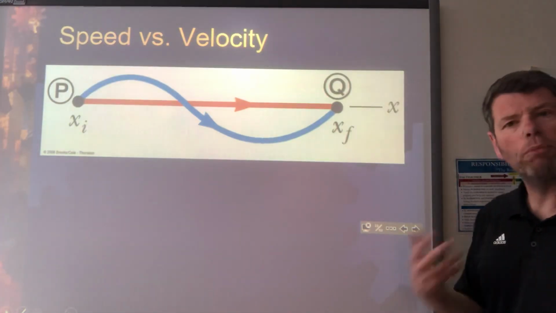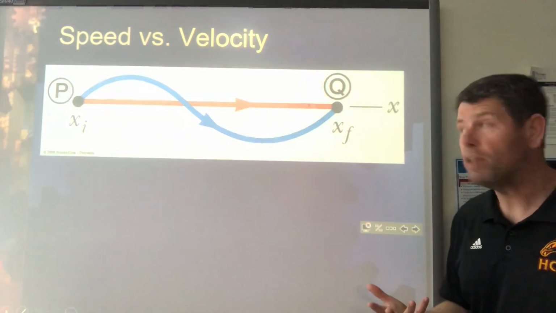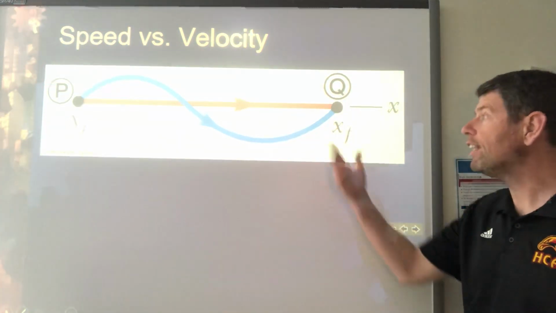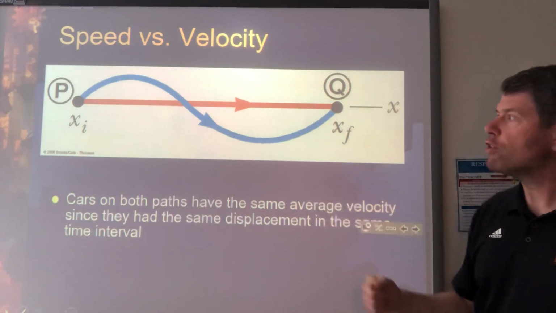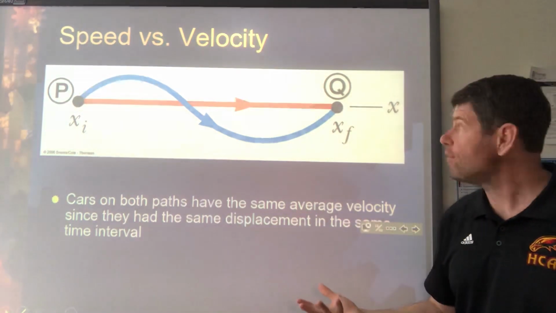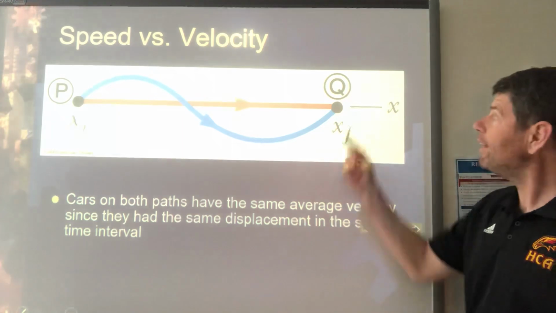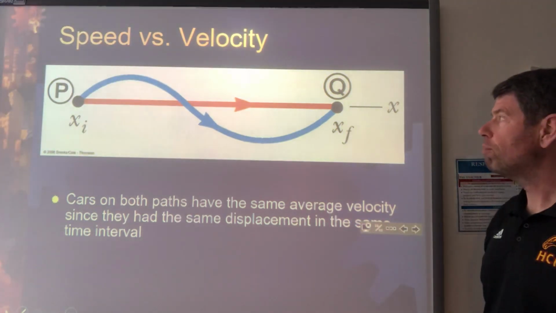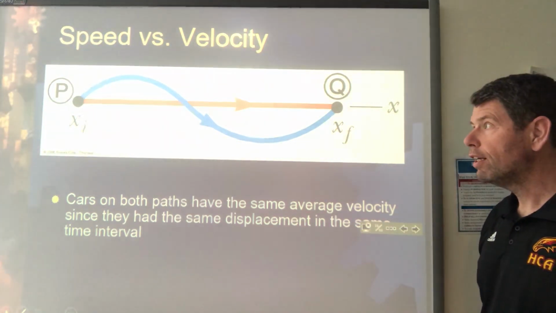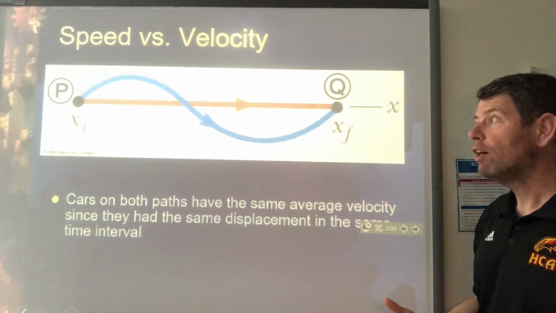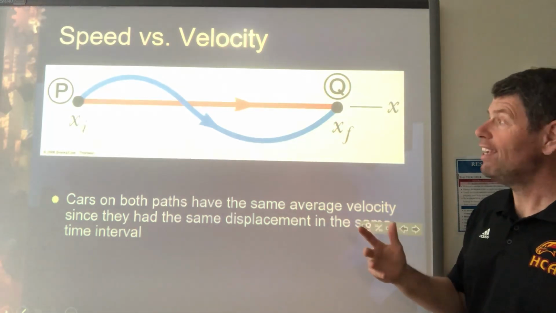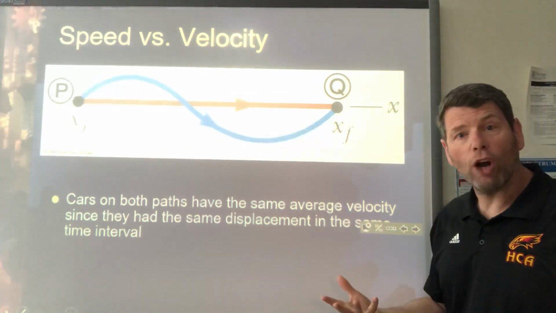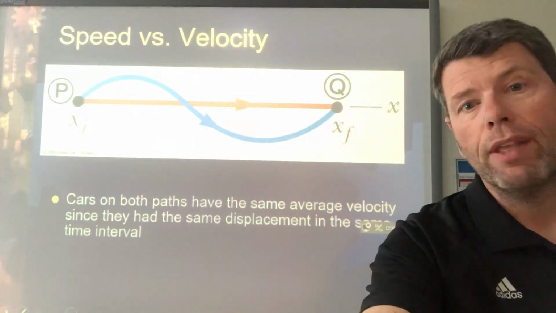Now, to get a little more of an understanding about the difference between speed versus velocity, let's take a look at this diagram right here. Both cars start at the same place, point P, and they end at the same place, point Q, but one car would be a speed, and the other car is represented by a velocity.